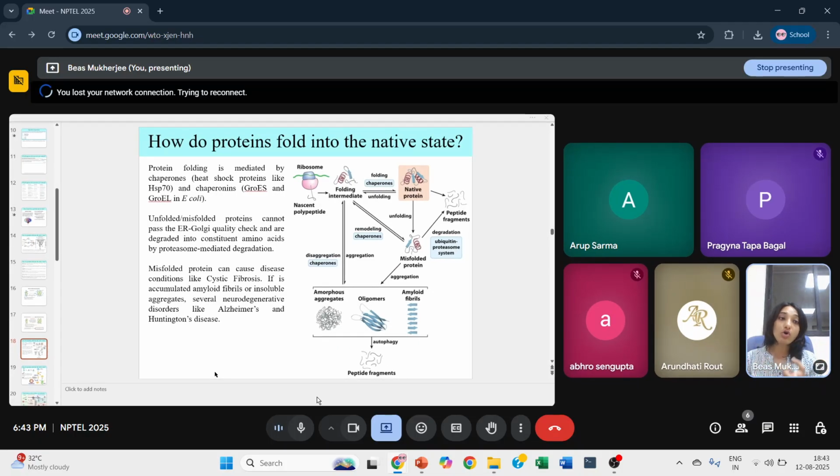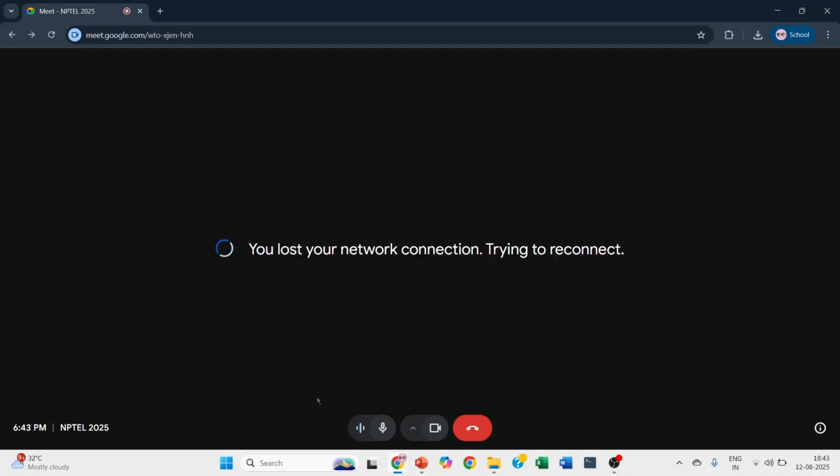If these proteins are not folded correctly, they will send them back to the endoplasmic reticulum and make sure that the proteins are folded correctly. So this will be done again and again, repeatedly, until it is confirmed that the proteins are correctly folded. Only then will these proteins be allowed out and travel to wherever they have to.